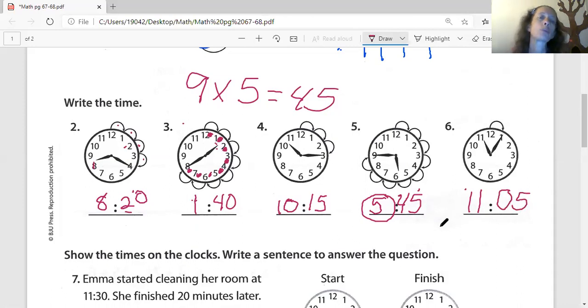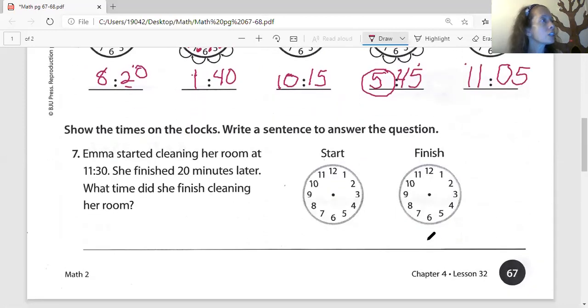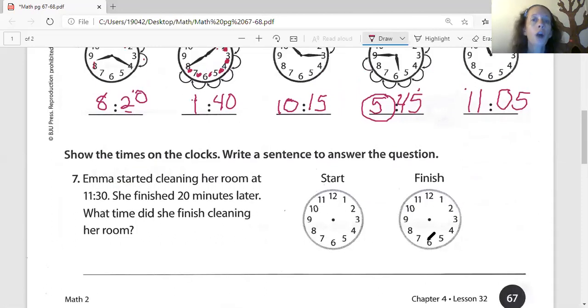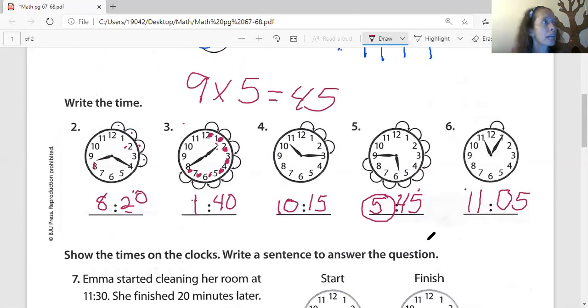I am finished with 2, 3, 4, 5, and 6. Yes or no? Yes. Great. Rylan, did you get those done? Good girl. Kylie, did you get those done? Okay, you're still on 5. Go ahead and finish that up quick. Let me know when you're done, Kylie. No talking, please. Let Kylie finish up.